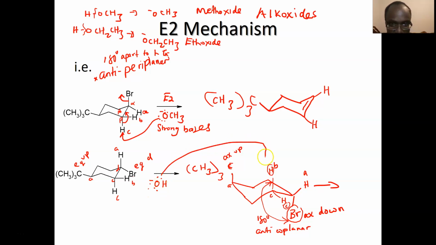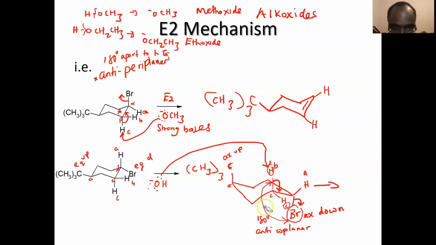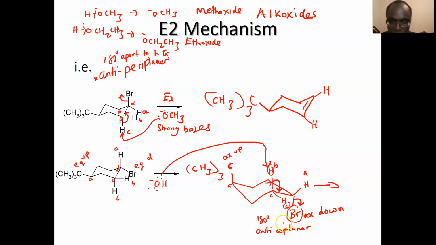So the base will come and pull out this hydrogen. You make a double bond, and then this leaves. Okay, so let me get rid of this other arrow so you can clearly see my mechanism. So the product will look like this.